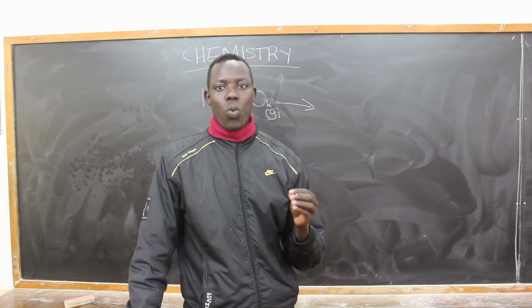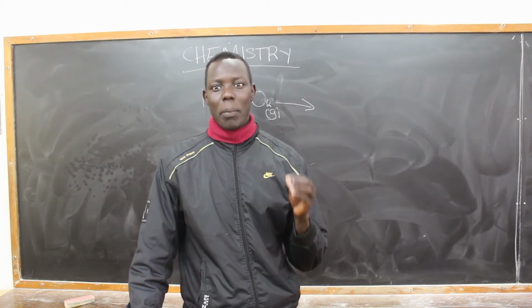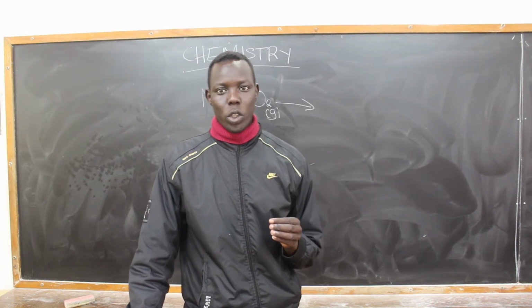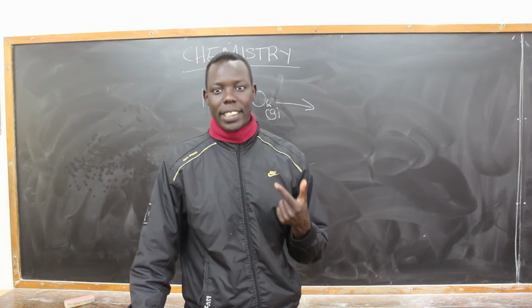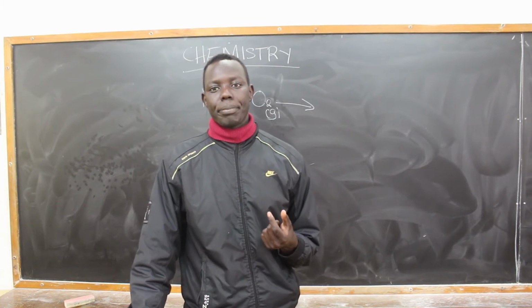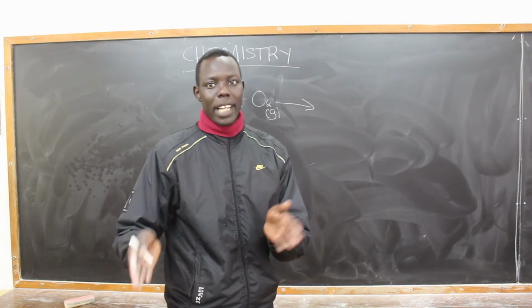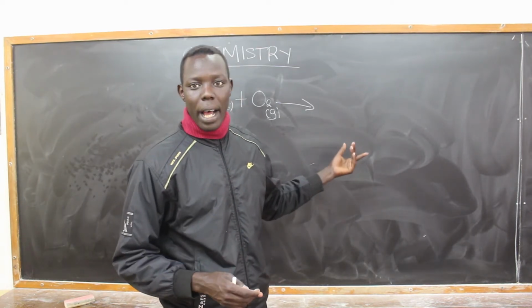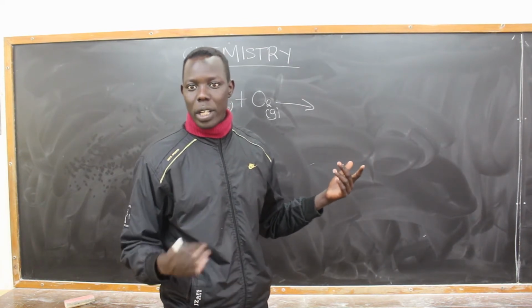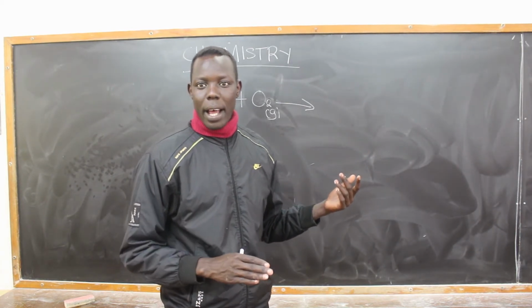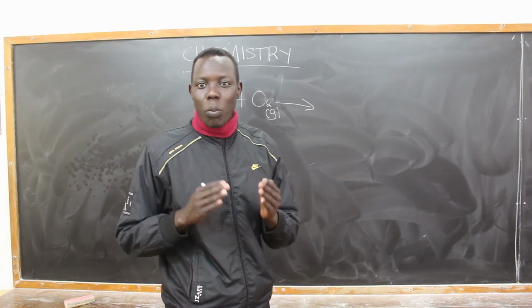Oxygen is one of the gases that exists as a molecule. It's a molecular substance. So what do I mean? They exist not singly, but they exist when they are paired. Sometimes they exist with 3 atoms making up a molecule. So oxygen, hydrogen, nitrogen, chlorine, fluorine, bromine are some of the ones that exist as molecules.